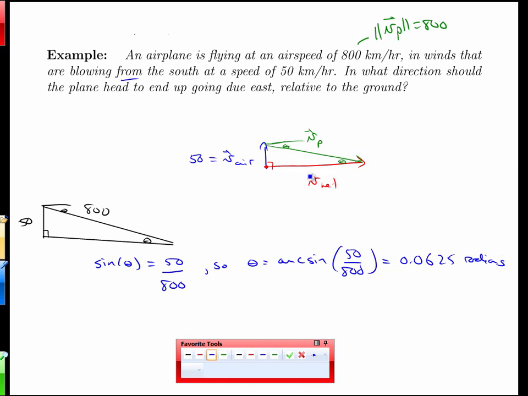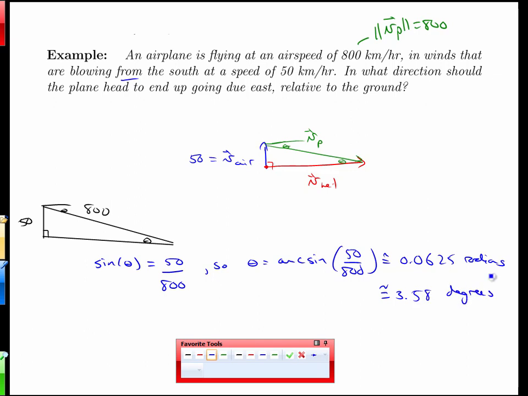This is a navigation problem, so it's much more traditional to put that in degrees. We multiply by 180 and divide by pi. Again, these are both approximations because we're cutting things off: 3.58 degrees.